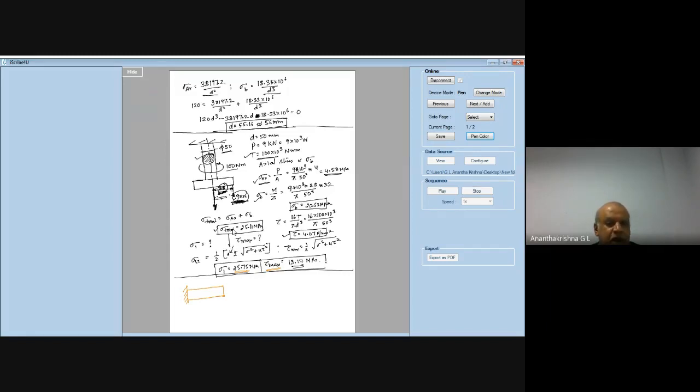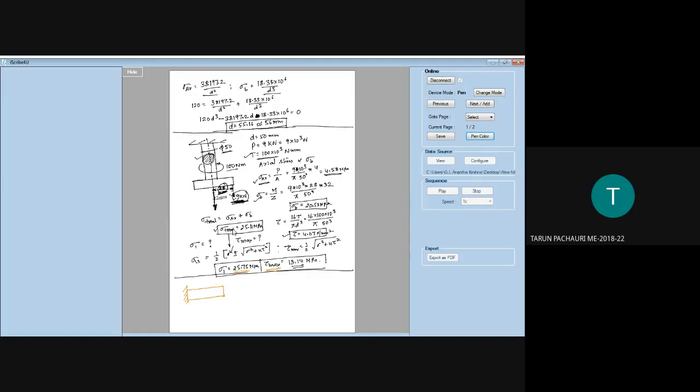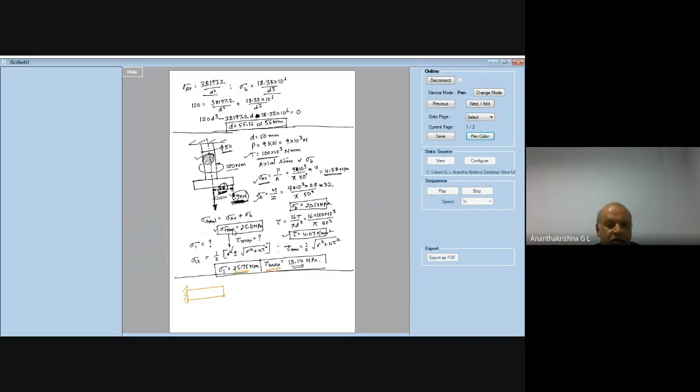What do you mean by span? Span is length. Span of 800 mm. Full stop.